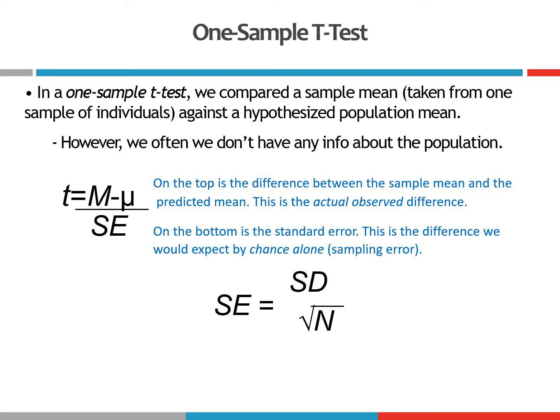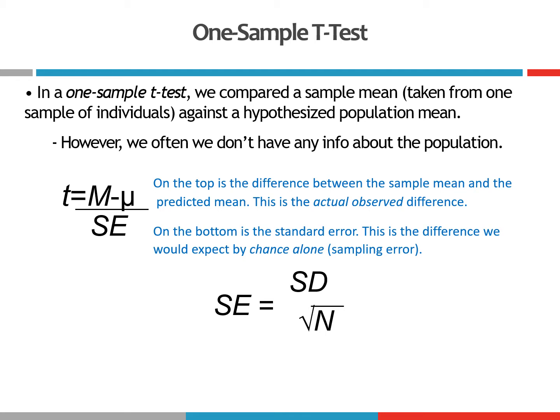But this is only applicable in a limited set of circumstances, right? Most of the time, whenever we conduct an inferential statistics test, we're going to have very little information, if any, about the population, right? So in that sense, this test is actually really limited.